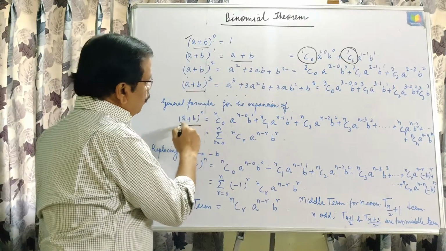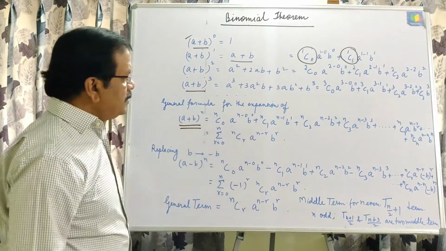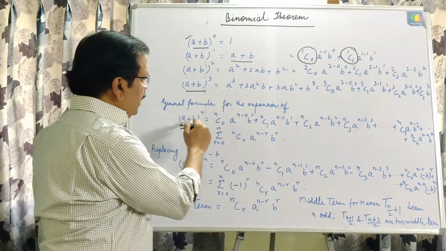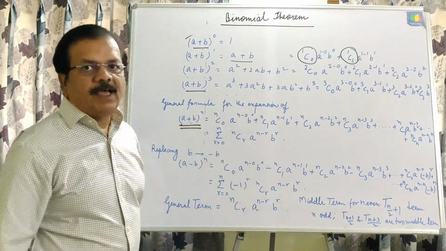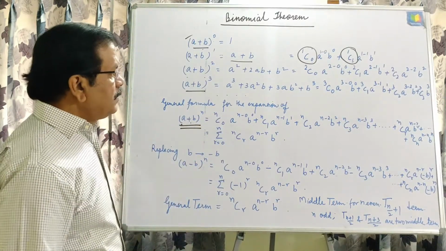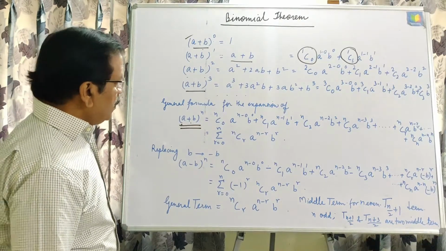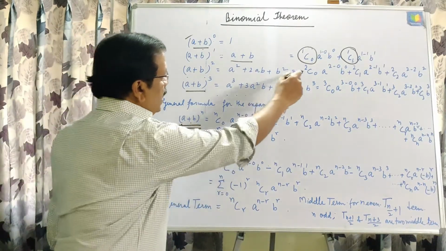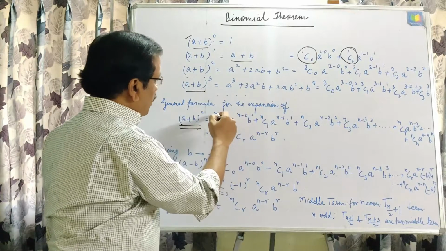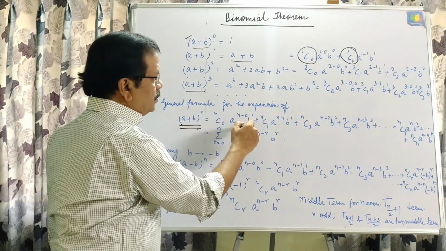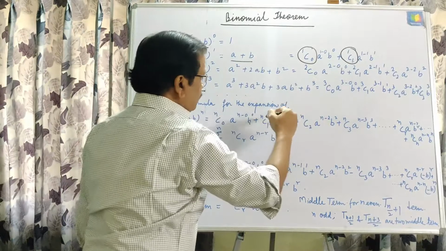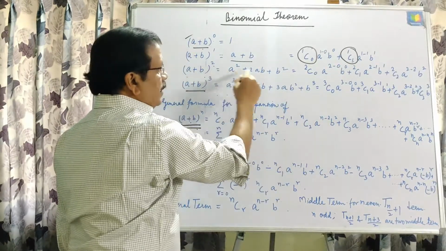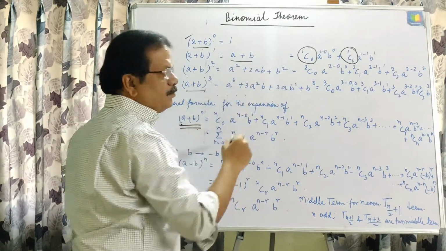Then Isaac Newton correlated all these expansions, and with the help of them he wrote the expansion of (a plus b) to the power n, where n is a positive integer, that is a natural number. In the same way, nC0 a to the power n minus 0 b to the power 0. You can see nC1, where in place of n we are writing 2, or 3.